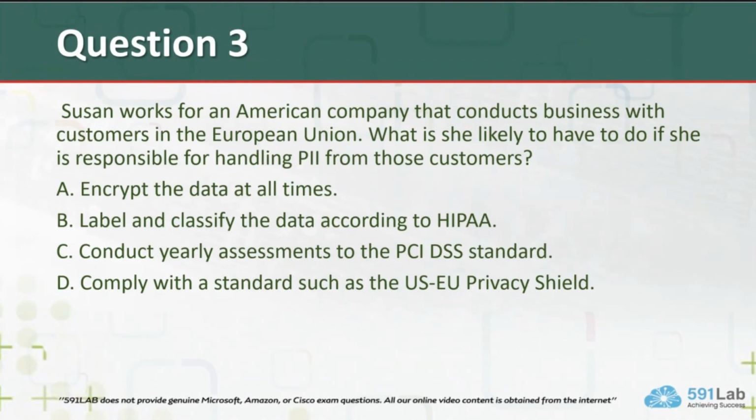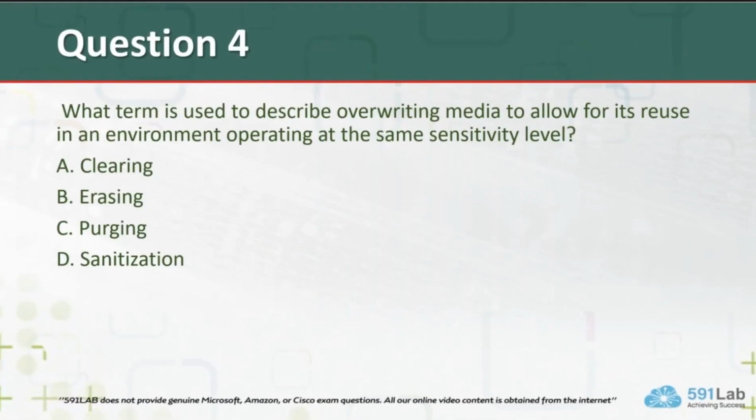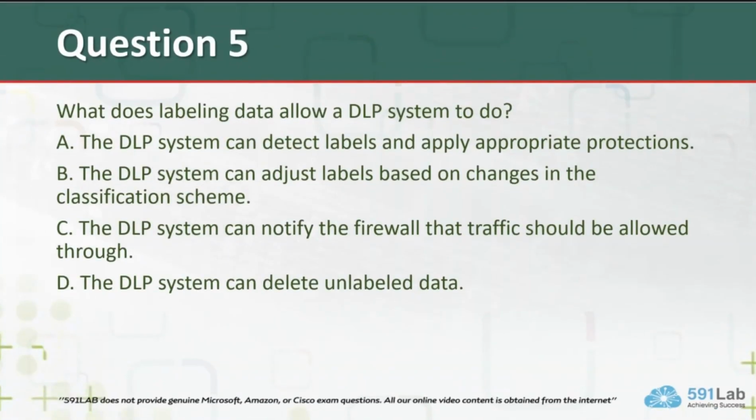What is she likely to have to do if she is responsible for handling personally identifiable information from those customers? All right, next question. What term is used to describe overwriting media to allow for its reuse in an environment operating at the same sensitivity level? All right, next question. What does labeling data allow a DLP system to do?